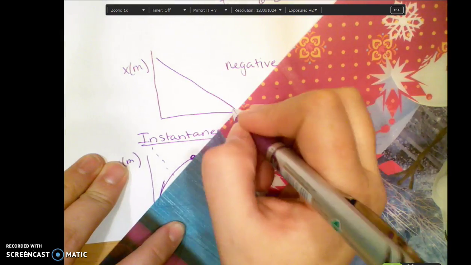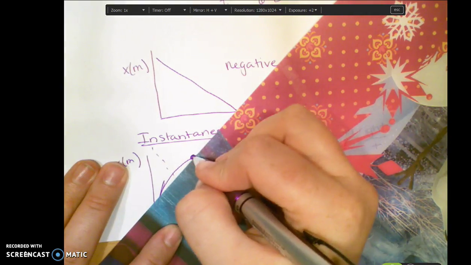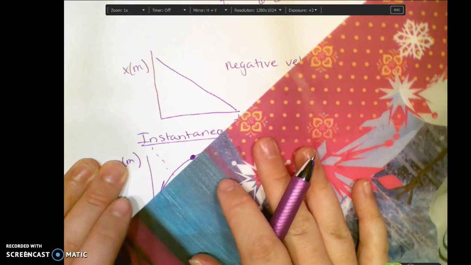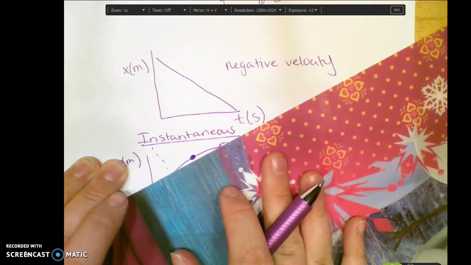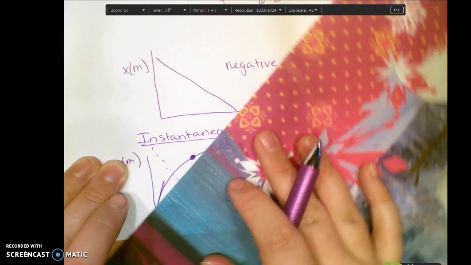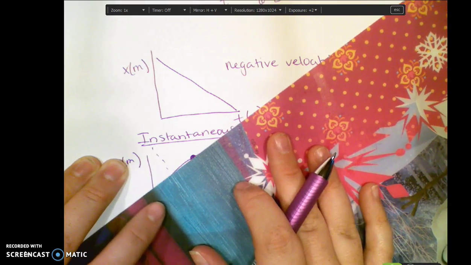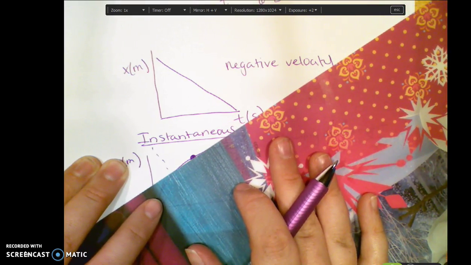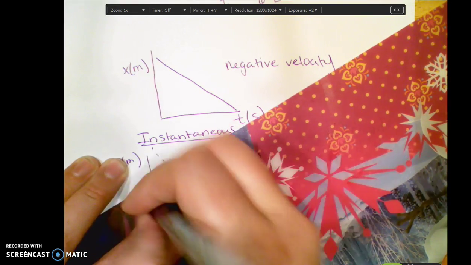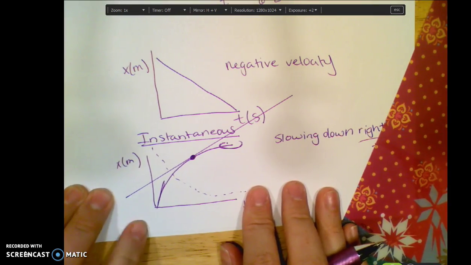So, see, if I were to draw a line right here, I would, first of all, go through that point, which is good, but I would also hit my graph right here. So I need to draw a line that's only going to hit my graph at that one point. It's not going to touch the graph anywhere else. And it's also not going to go through the graph. So I'm going to just draw a tangent line that barely touches that point and no other point on my graph. There we go. There's my tangent line.